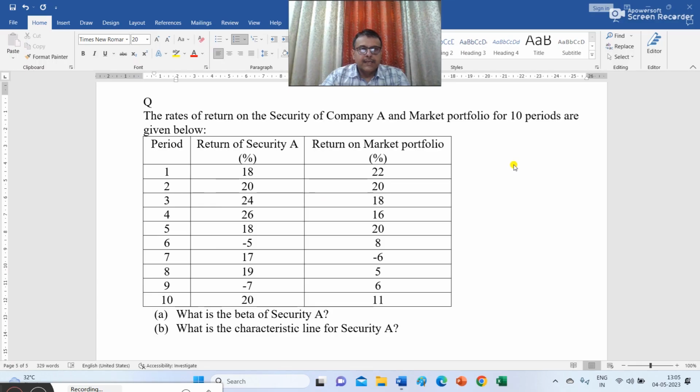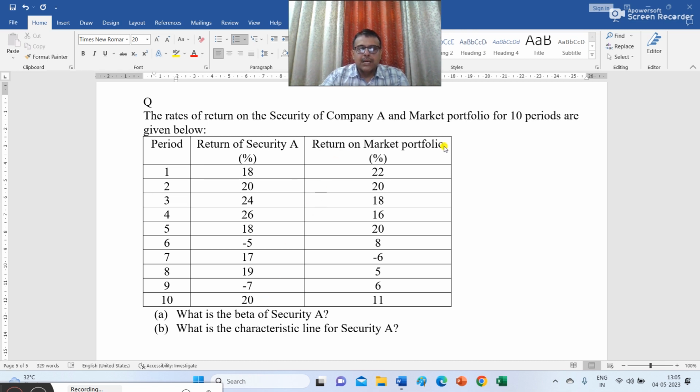The rates of return on the security of company A and market portfolio for 10 periods are given below. So we have three columns. In the first column, it is written the period from 1 to 10. Then we have the return of security A, which is given in percentage as 18, 20, 24, 26, 18, minus 5, 17, 19, minus 7, and 20.